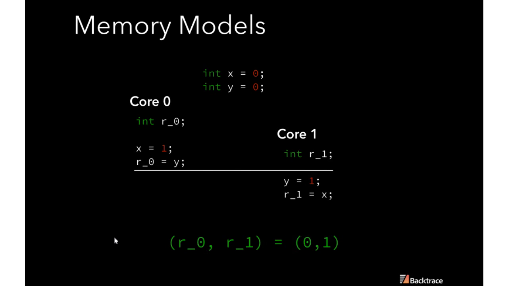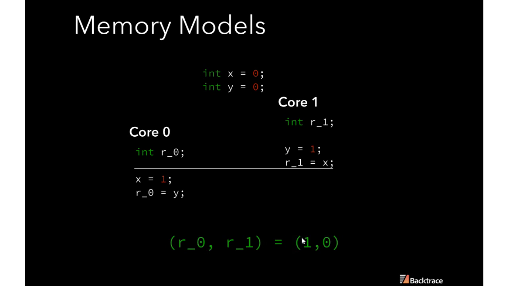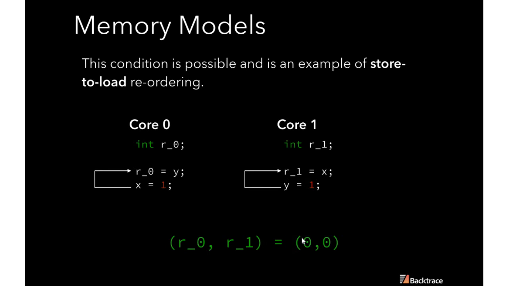And even if you reorder this, so let's say that core 0's x equals 1 operations execute before core 1 is completed, you would see 0, 1. So these orderings are all permitted. It's all serialized stuff. But unfortunately, with today's processors, you can end up with all sorts of interesting reordering.